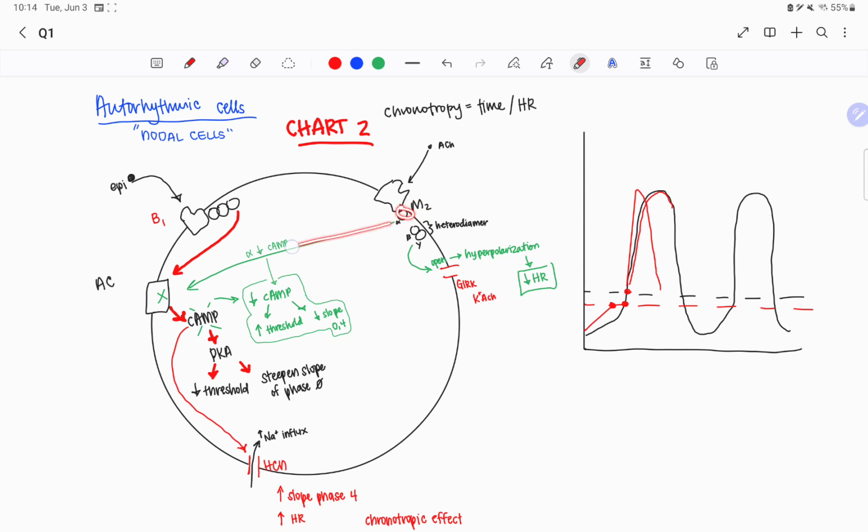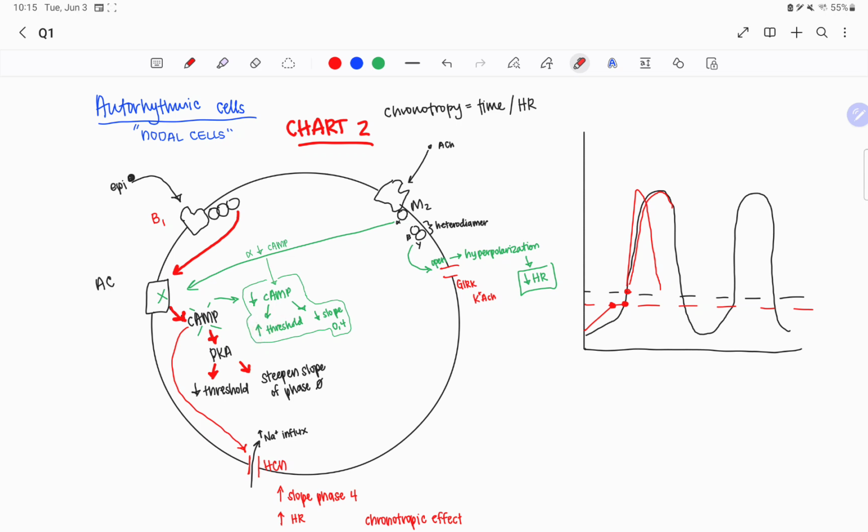Alpha subunit can come over here, turn off our adenylyl cyclase, which means we turn off cAMP. Okay, so the alpha subunit causes a decrease in cAMP, which then means we have an increase in threshold.